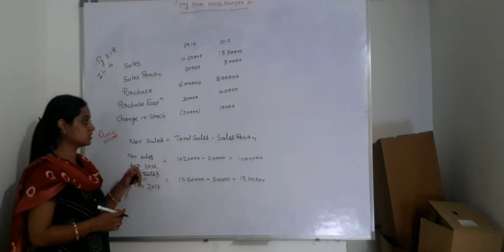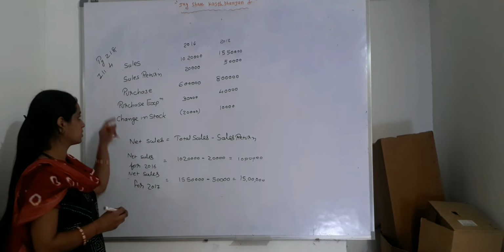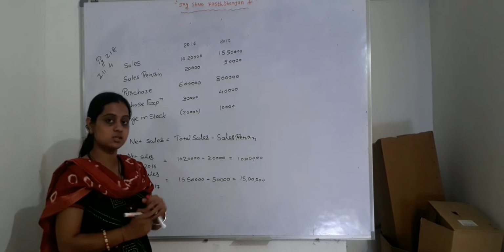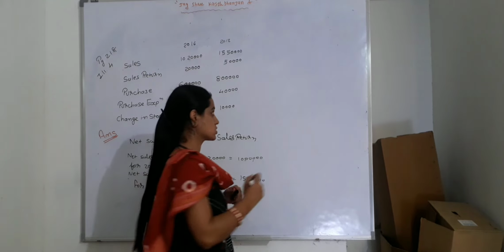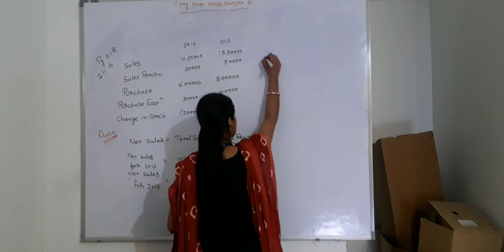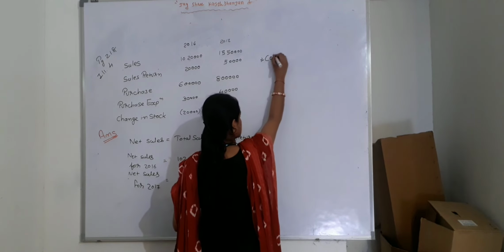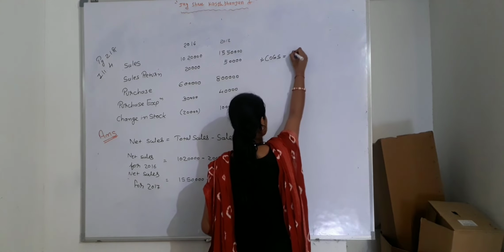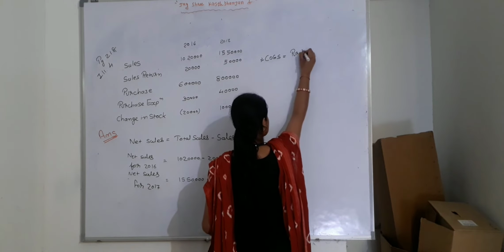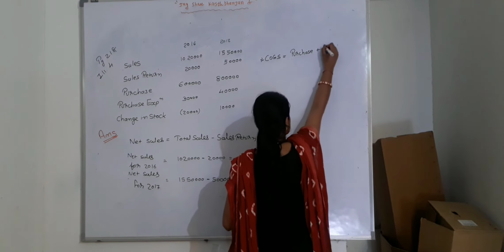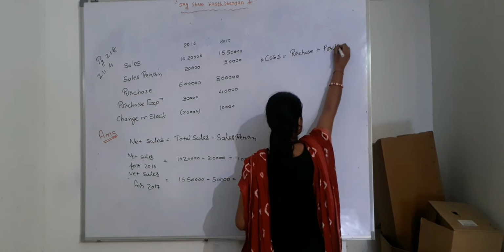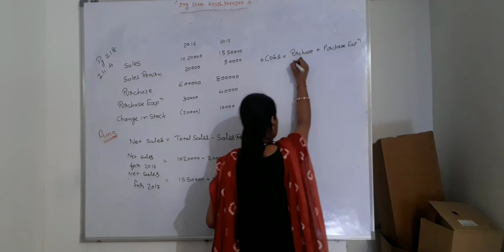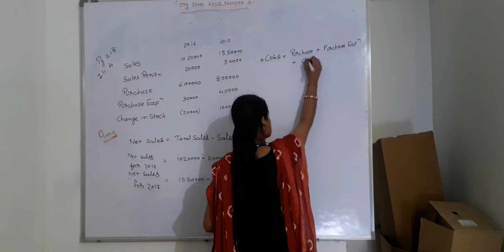Now we have to find COGS. Why? Because they have given purchase, purchase expense and change in stock. Change in stock means opening stock minus closing stock. So COGS is equal to purchase plus purchase expense plus change in stock.